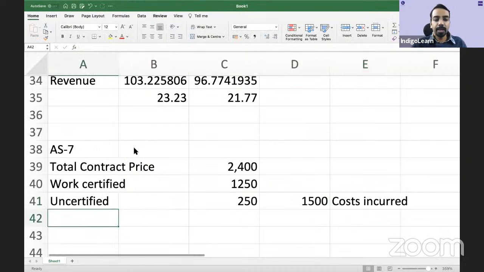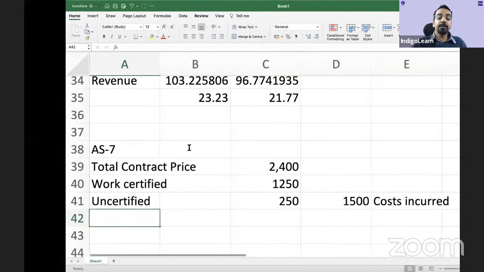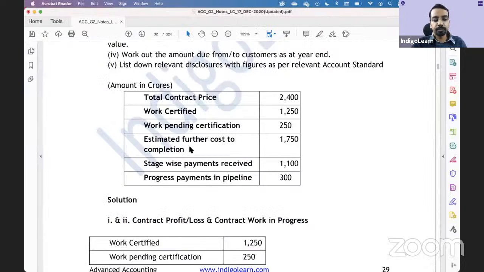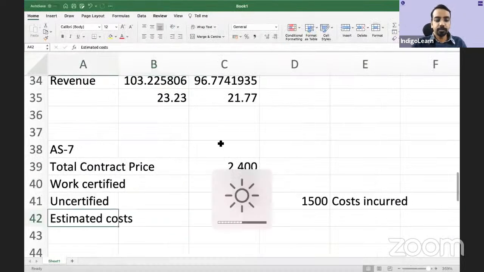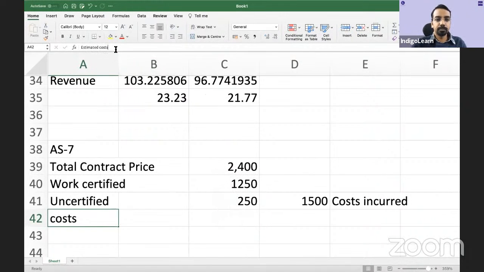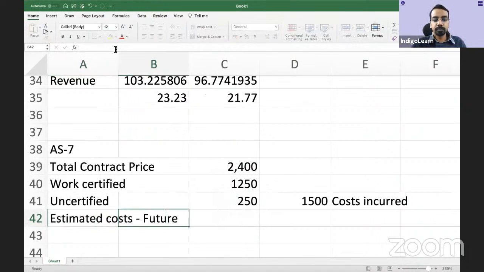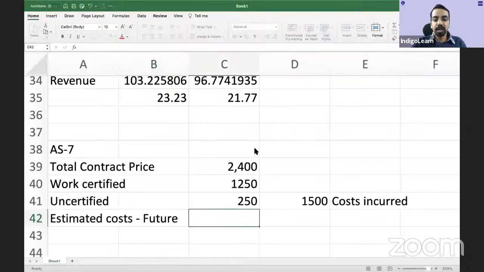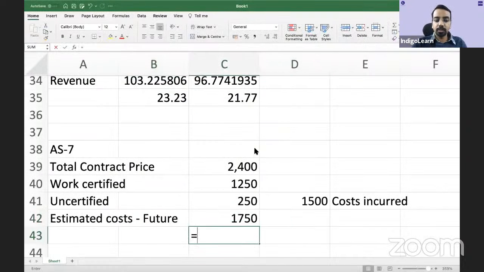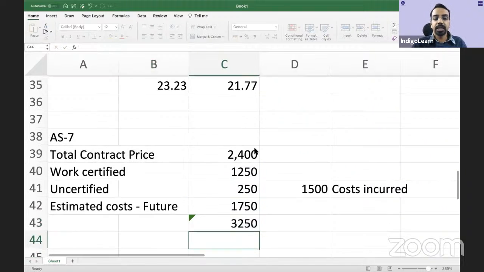Then estimated further cost to completion. Estimated cost to be incurred in the future is 1750. Now, if you see total cost, total estimated cost is 1750 plus 250, 2000 plus 1250, 3250.